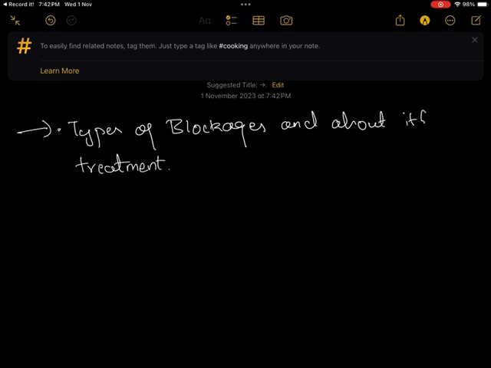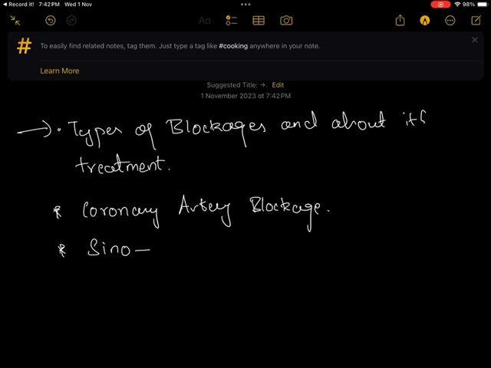So as you remember, we have discussed coronary artery blockage, like we have gone through deeply only regarding coronary artery blockage.